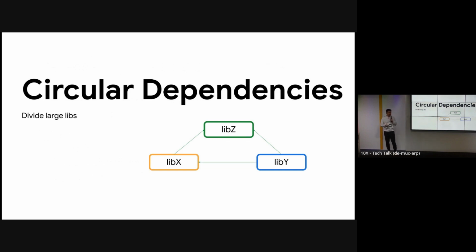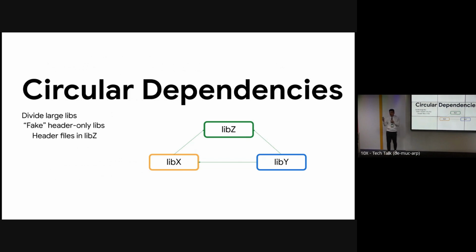But in practice, sometimes it's very difficult to move the subset out of the large library without significantly changing our code. But we were impatient. We didn't want to hold our migration too long, so we decided to create some fake header-only libs.